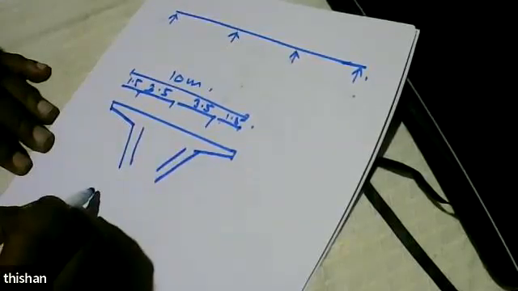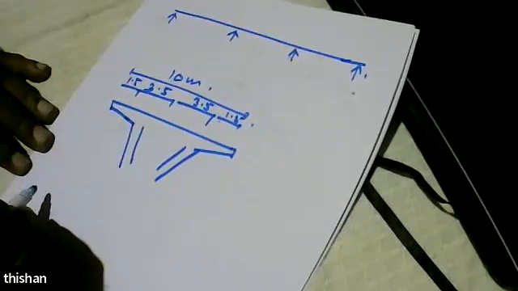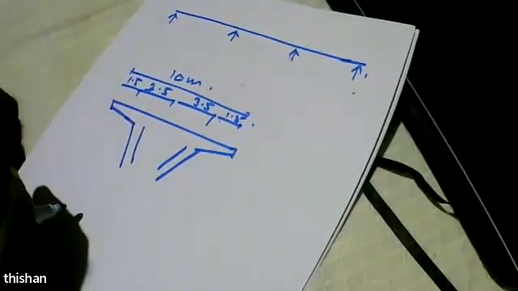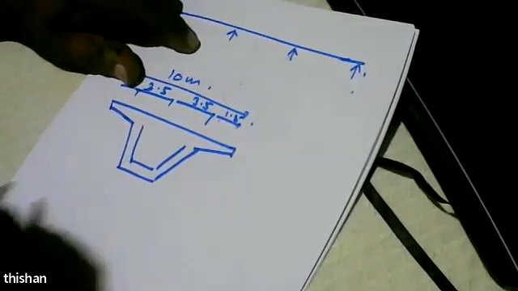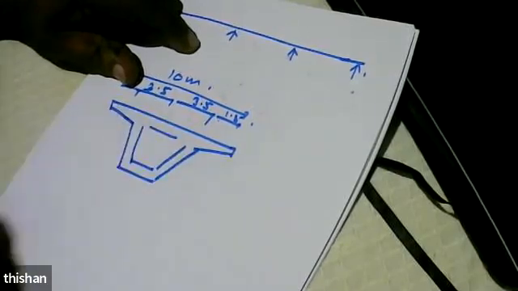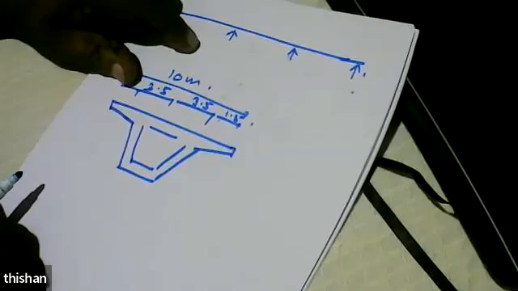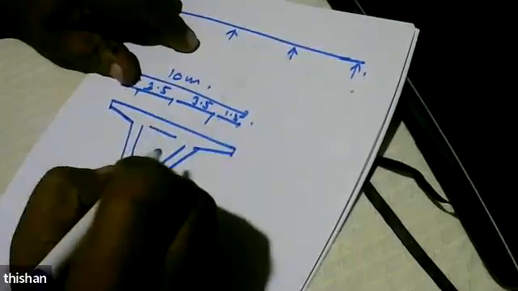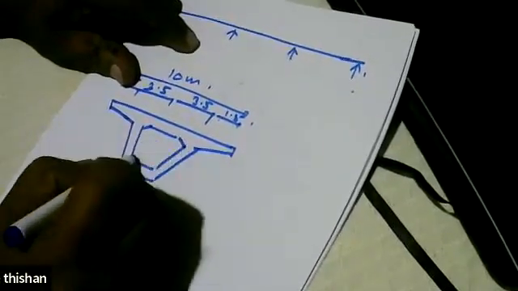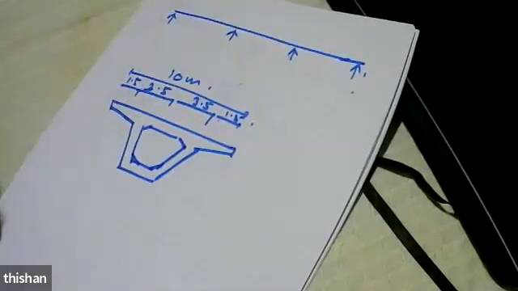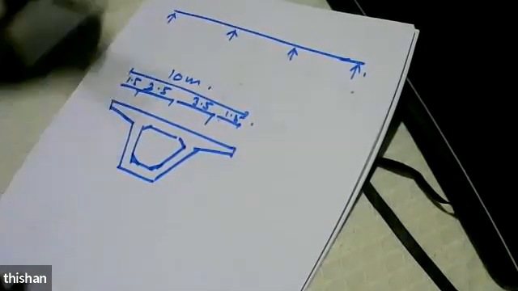We need a bottom flange. Why? Because this is going to bend in the wrong direction over the support. So we need a bottom flange. We need a top flange. We have to make it hollow. Why? To reduce the weight. So we need a top flange, we need webs, we need a bottom flange, we need chamfers. Why? Otherwise, there will be stress concentrations.